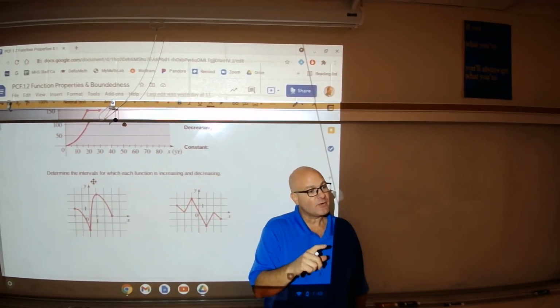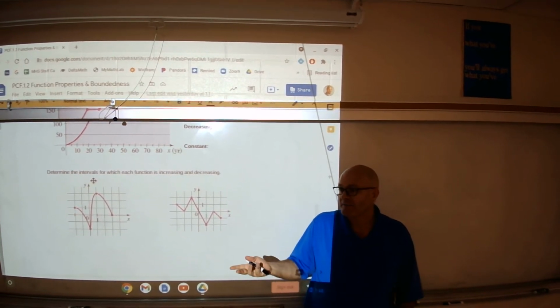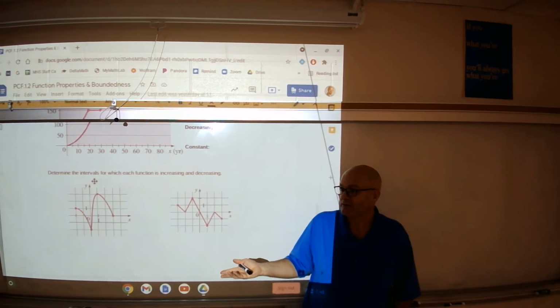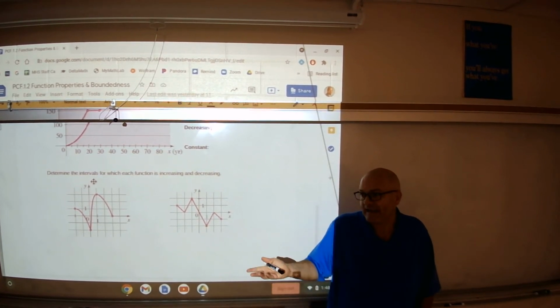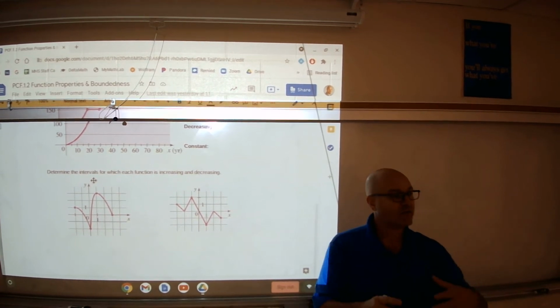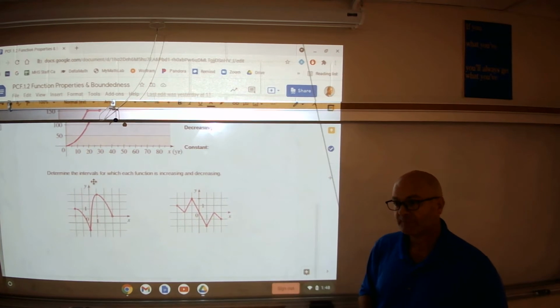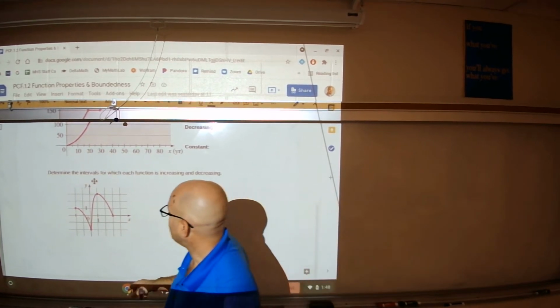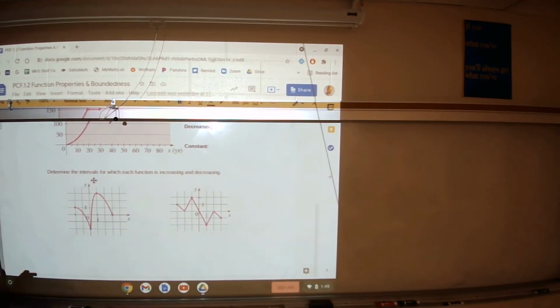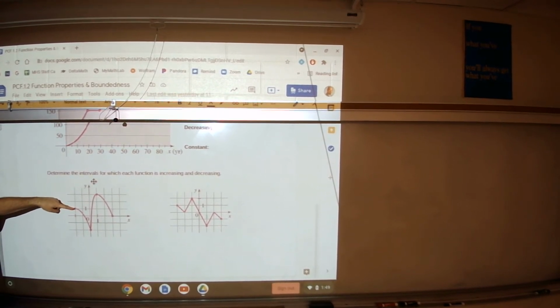So increasing and decreasing changes at minimums and maximums, and we know how to find minimums and maximums using our graphing calculators, right? We're good at that. So if you're not given a graph, sometimes you have to graph it yourself, and you find those mins, maxes, and that'll tell you what's increasing and decreasing. So in this case, for this first one, it looks like we start here at -2, right?